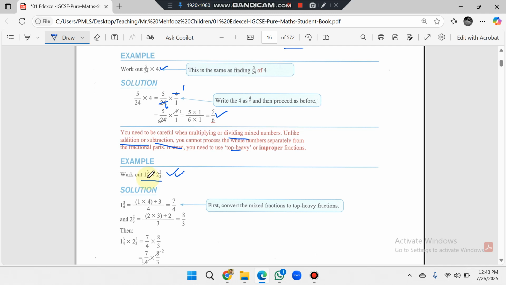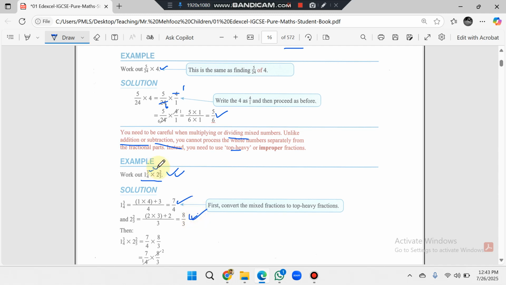That is the method: the denominator multiplied by the whole number plus the numerator. So it becomes 4 ones are 4 plus 3, 7, 7 over 4, and the next one is 8 over 3, right? 3 twos are 6, 6 plus 2 is 8, 8 over 3. This is the second fraction.